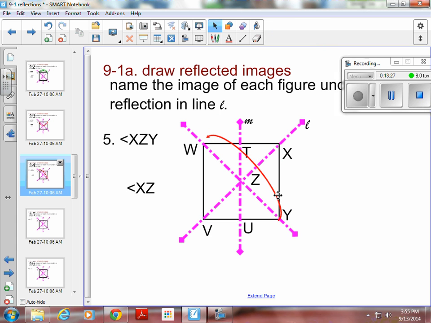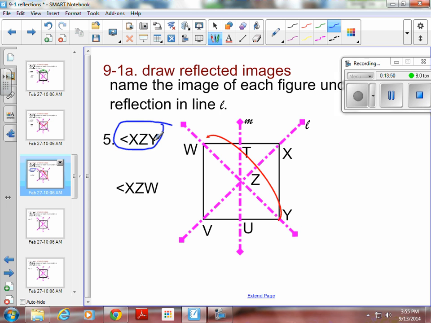So if I move Y across L, perpendicular to it, there's my 90-degree angle, I'm going to end up at W. So if I color that in, I'll go blue for the original one, so I'm going to put this one in blue.